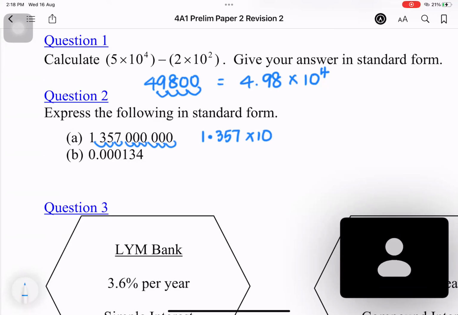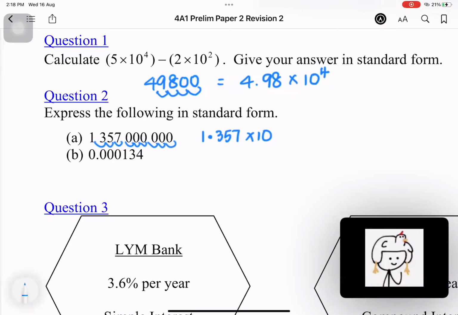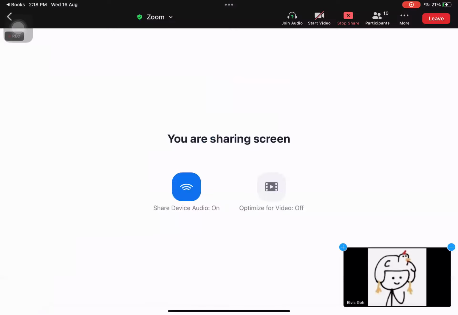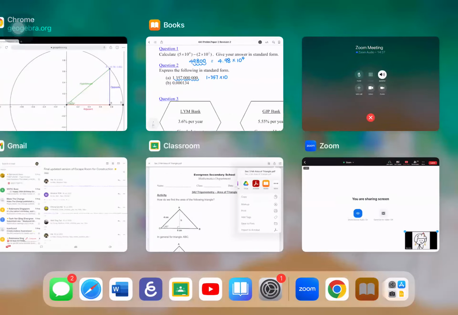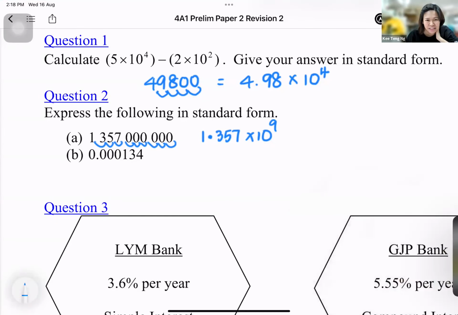Are you sure 10? You count already? 1, 2, 4, 5, 6, 7, 8, 9. 9. Who says 10?